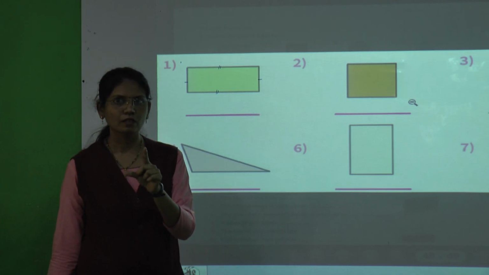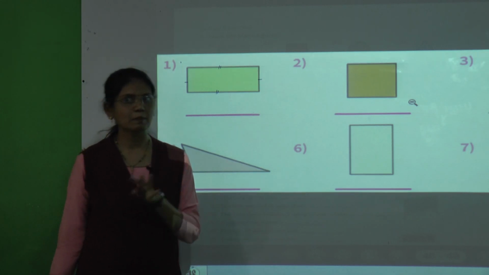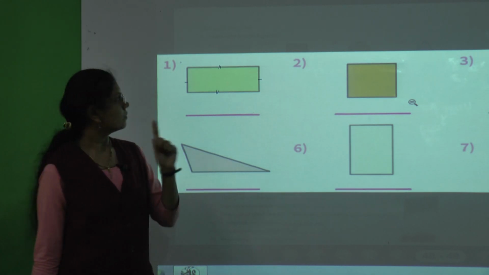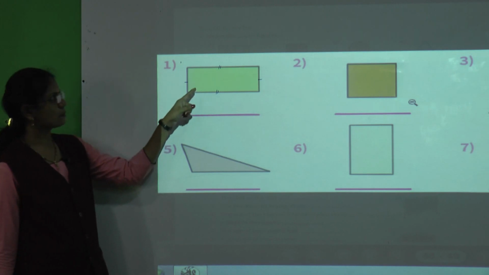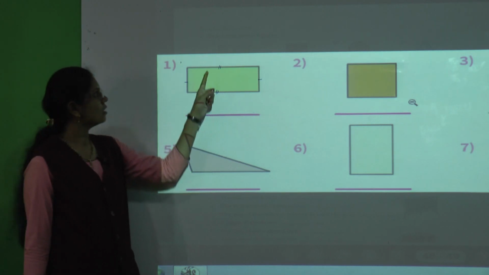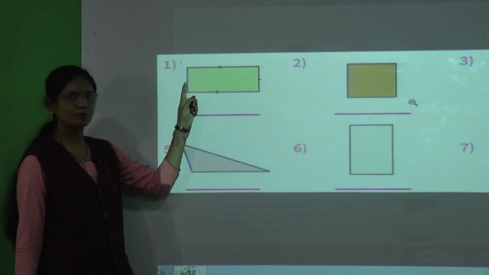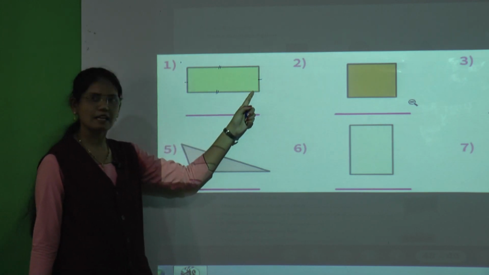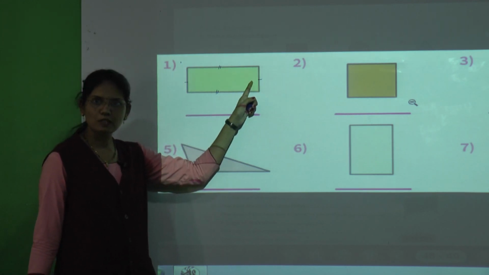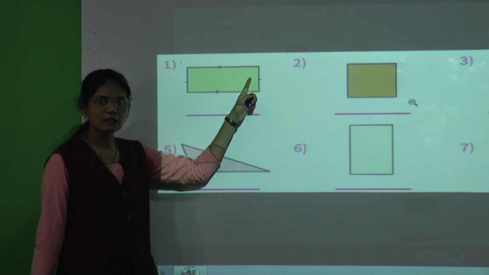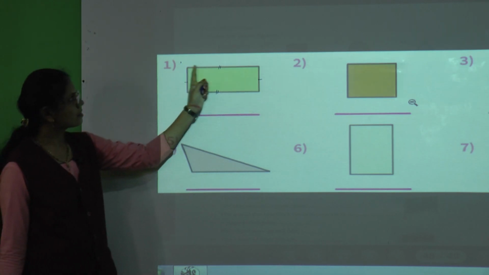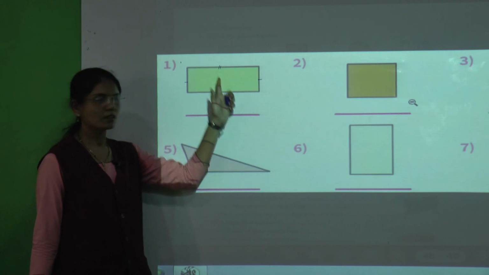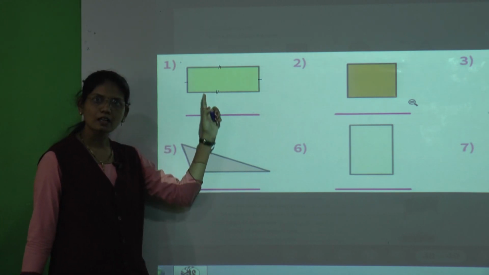Yes, it may be a rectangle or it may be a square. But first let me explain about the sides. Now see these two sides which are opposite to each other. See this side and this side. Both are opposite to each other and both are equal. Again see this side and this side. Both are opposite and both are equal.